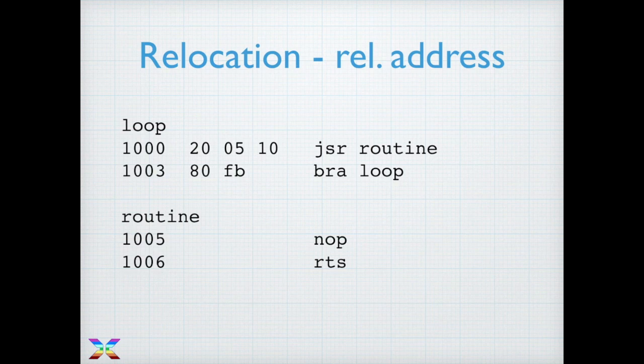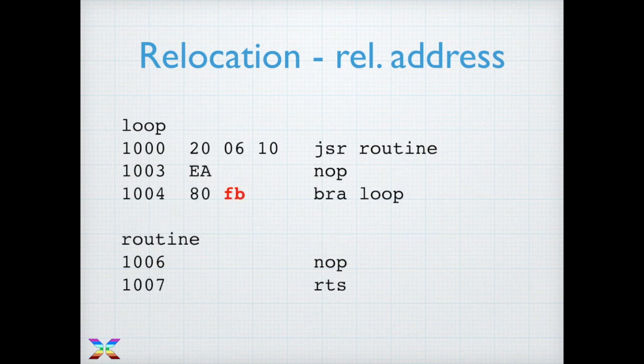Another problem is relative addressing. You see here I've got a loop where I just call a routine and the entry point is at 1005. If I add something into the loop, in this case a no-op, that address FB, which is a negative offset, is no longer correct.